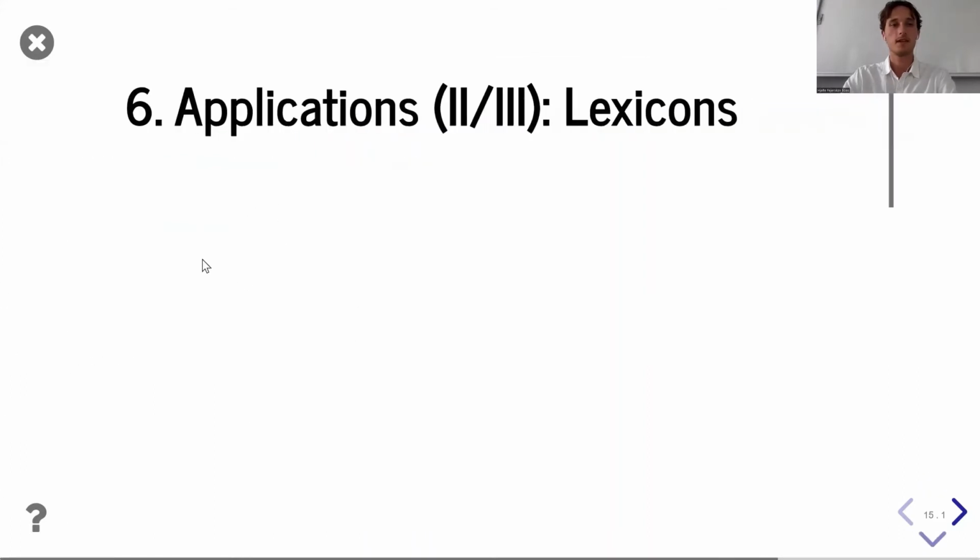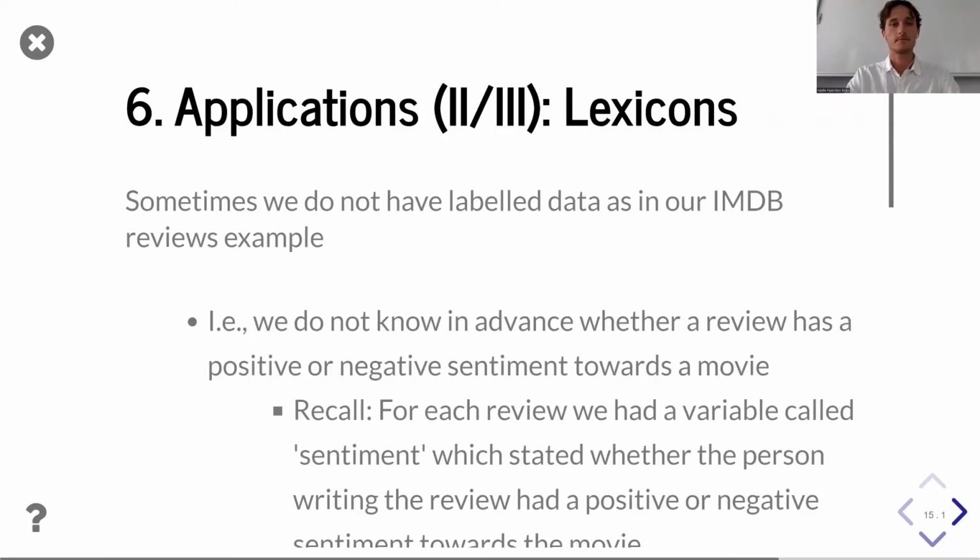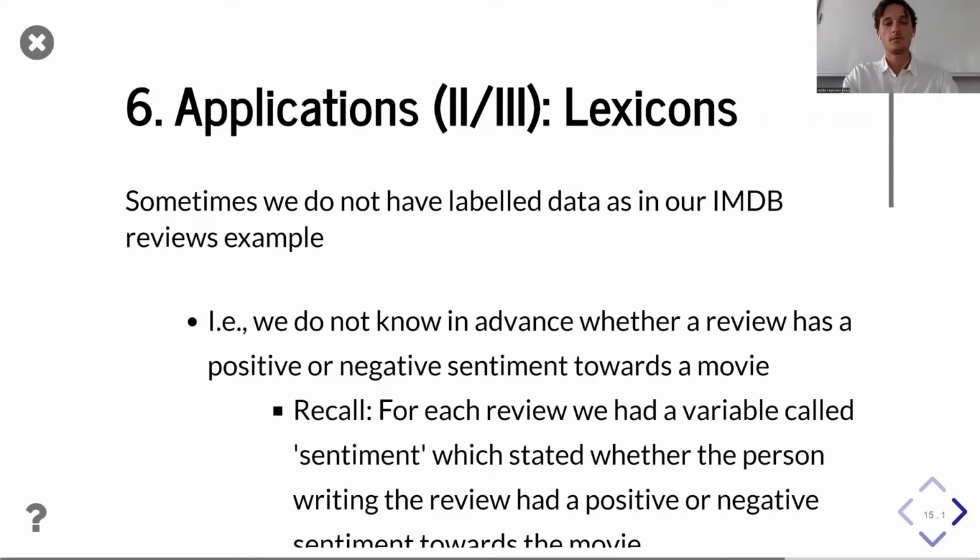All right. Now to the second application, which is lexicons. We have just seen what we can do when we have labeled data. Then we can fit a supervised machine learning algorithm to actually predict, for example, sentiments in text.